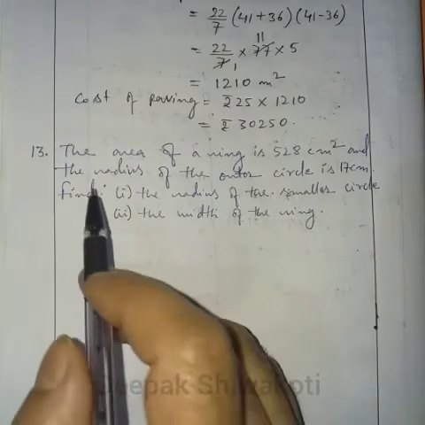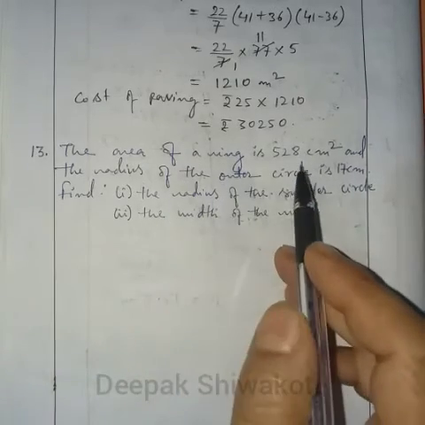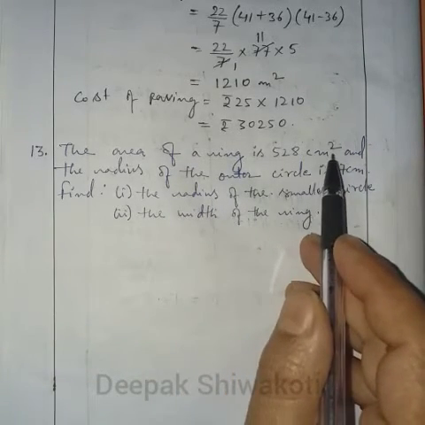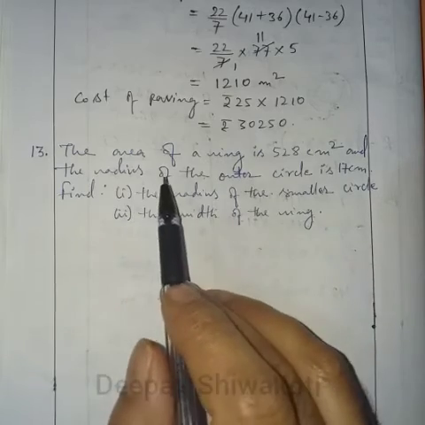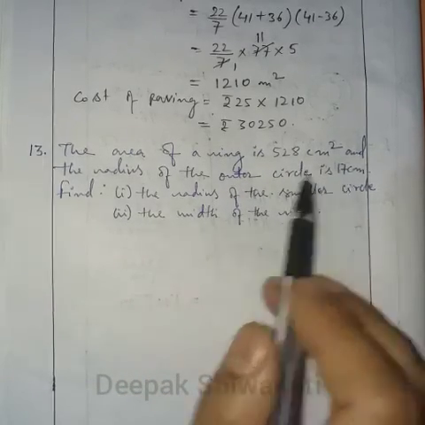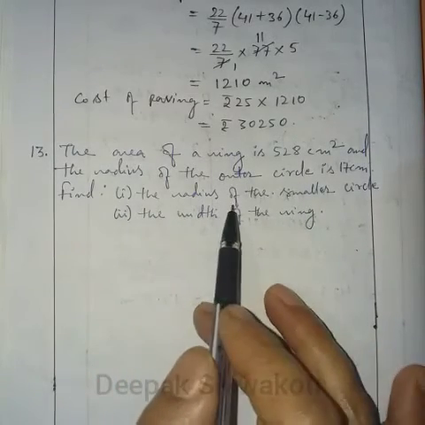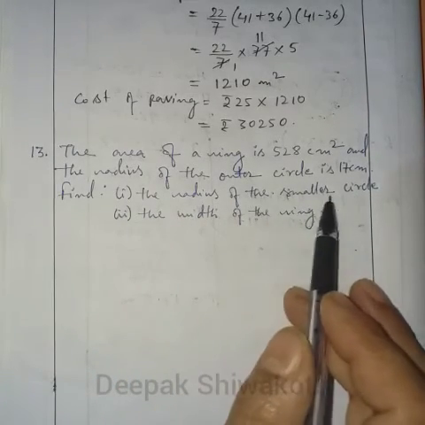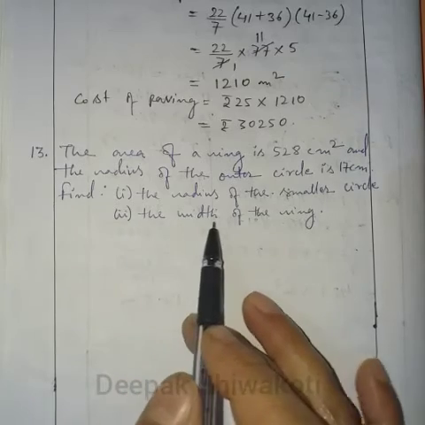Question number 13. The area of a ring is 528 centimeter square and the radius of the outer circle is 17 centimeter. Find number 1, the radius of the smaller circle, number 2, the width of the ring.